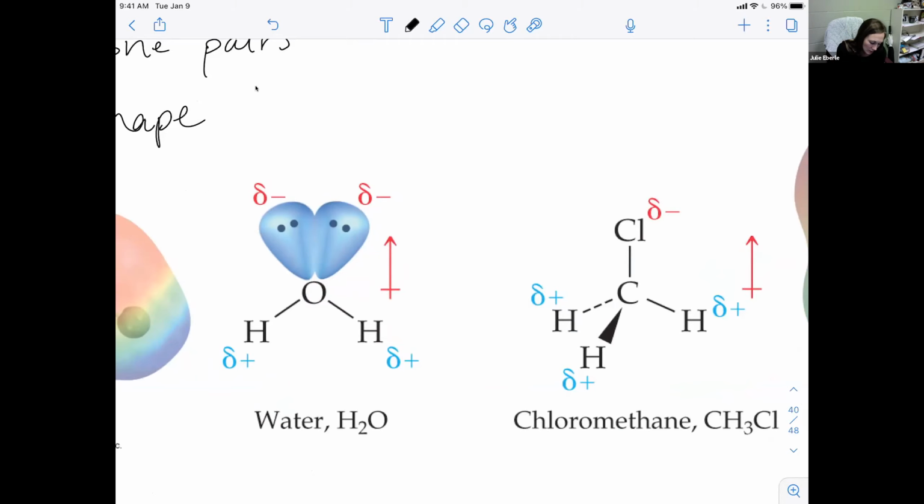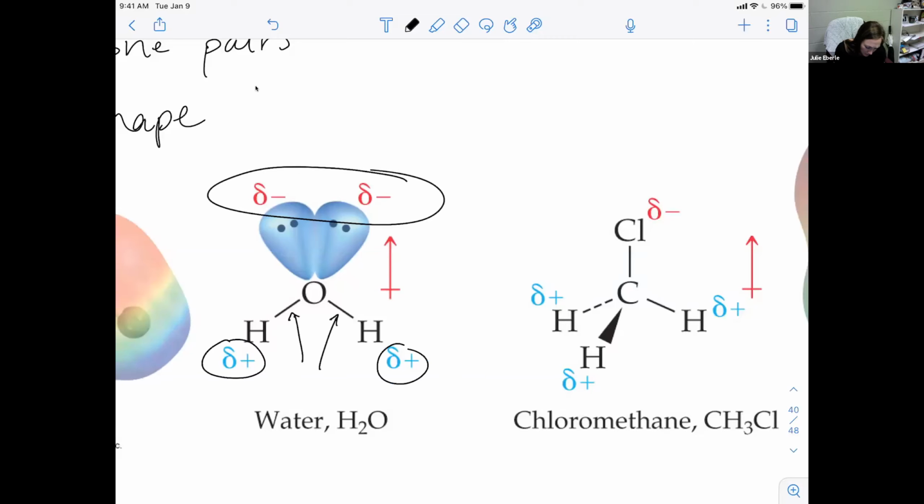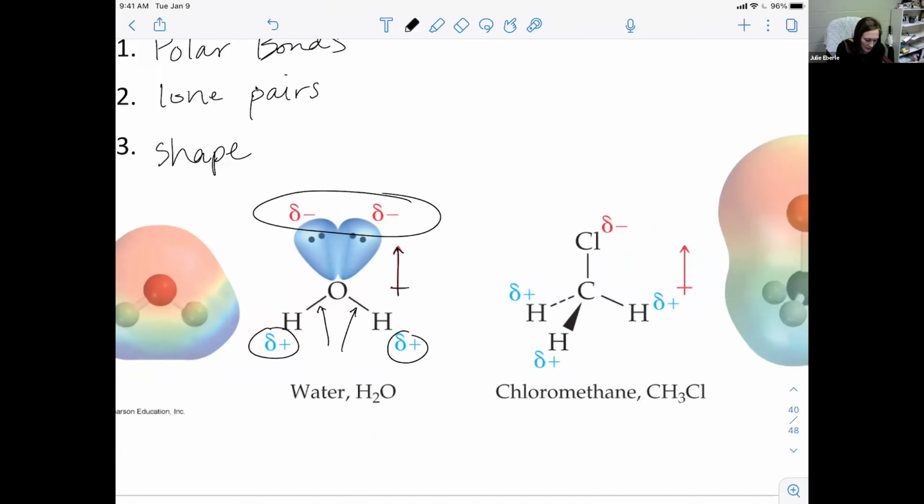Oxygen also has 2 lone pairs, in addition to the fact that these bonds are polar. So we put the partial negative charges here and the partial positive signs on hydrogen, and we can draw this red arrow as a permanent dipole. That's just an example.